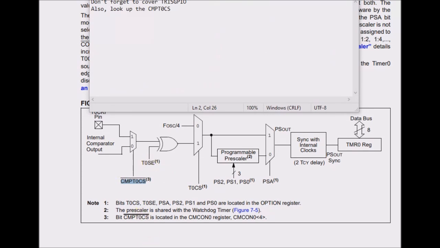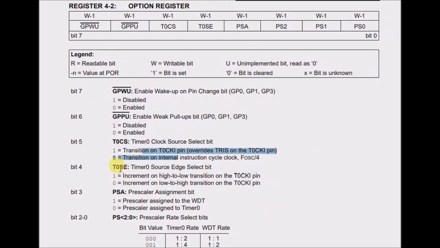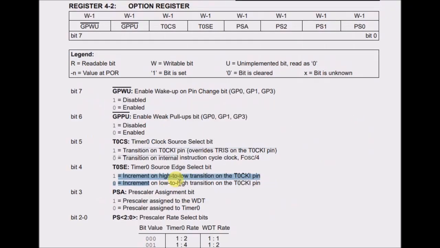So a note to look that up. Then there's the TOSE, and this is an XOR logic gate. Once again, the TOSE is whether it should increment on a high to low or low to high. And the TOCS was the Timer0 clock source select bit, the TOCKI or the internal clock.